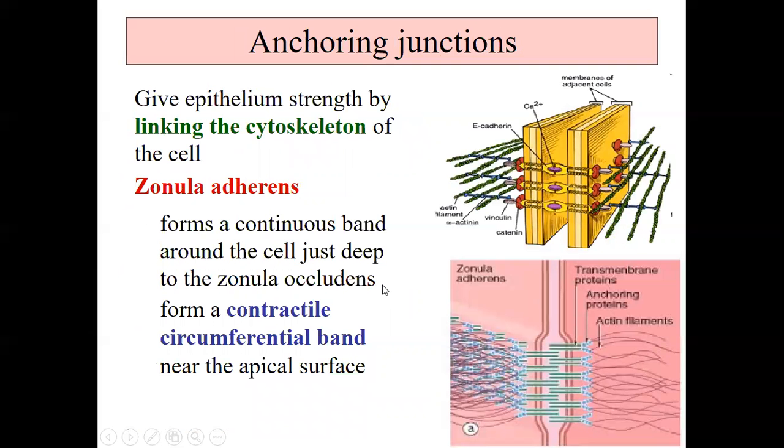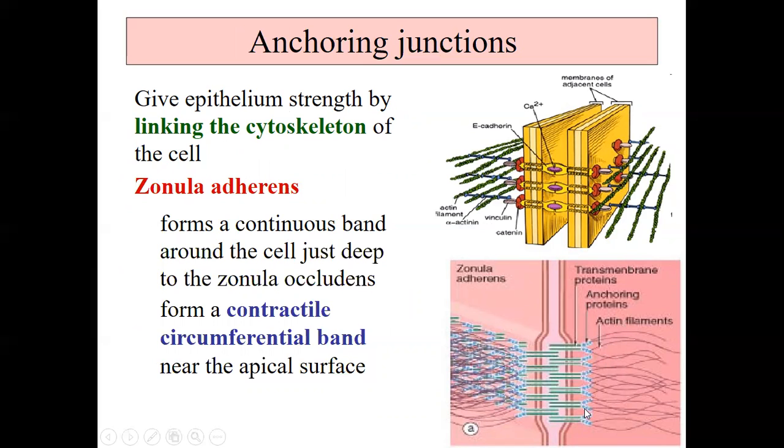Next is the anchoring junctions. You can see here, this is the anchoring junction. The anchoring junction gives the epithelium strength by linking the cytoskeleton of the cells. You can see here it links the cytoskeleton of the cell.